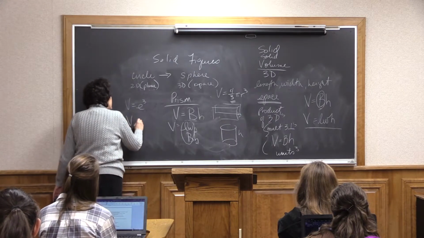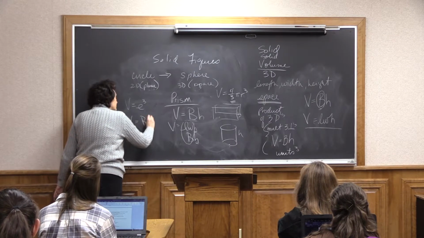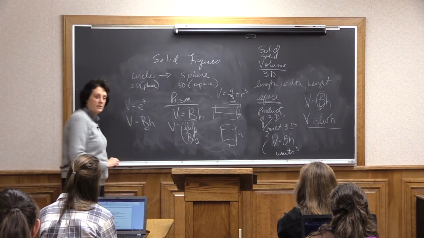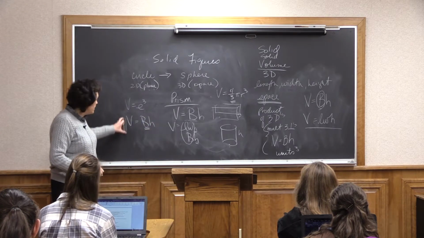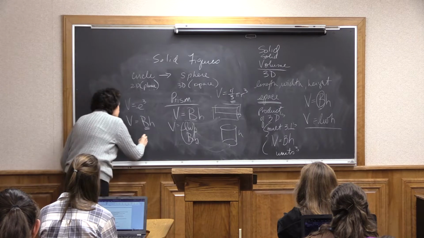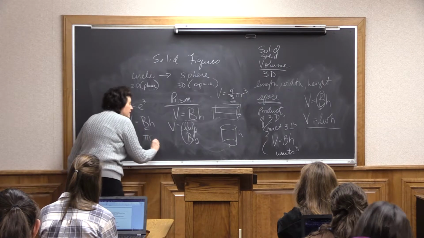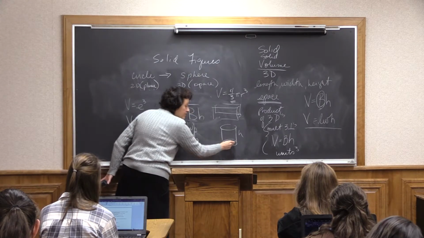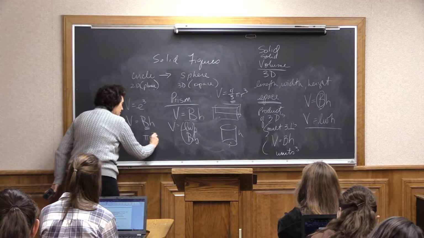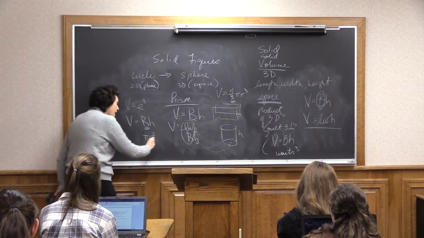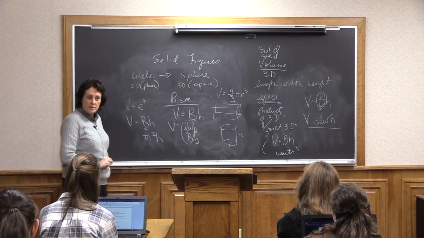The volume of a cylinder. Because it's a prism, we can use this idea and we can take the area of its base, which is a circle, and then what do we do? Multiply by the third dimension.